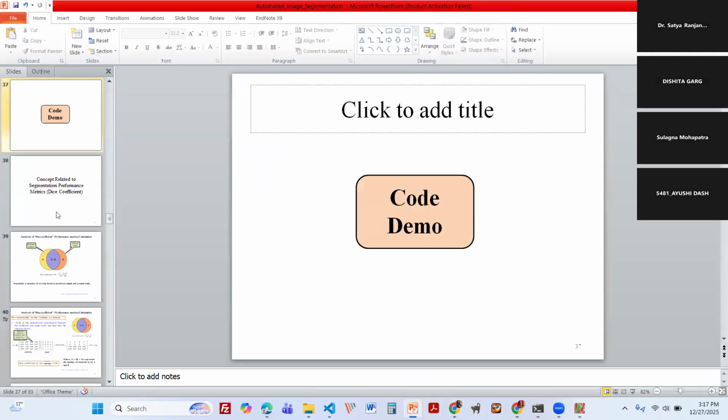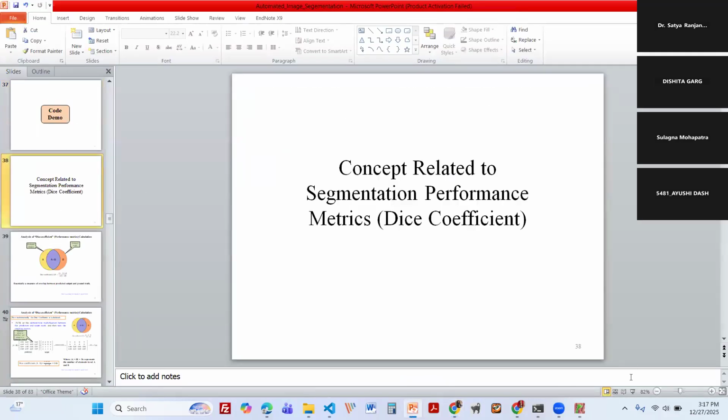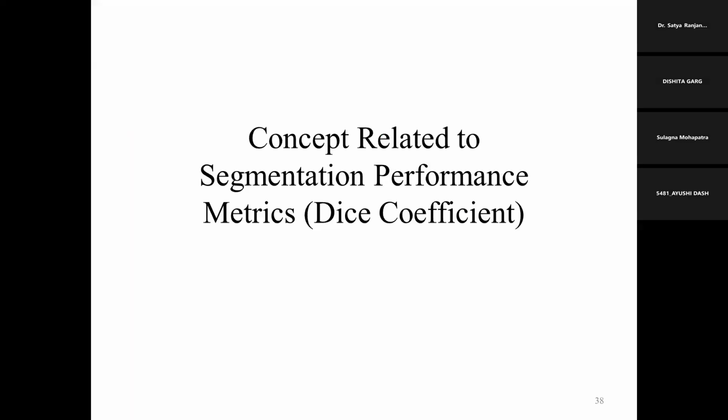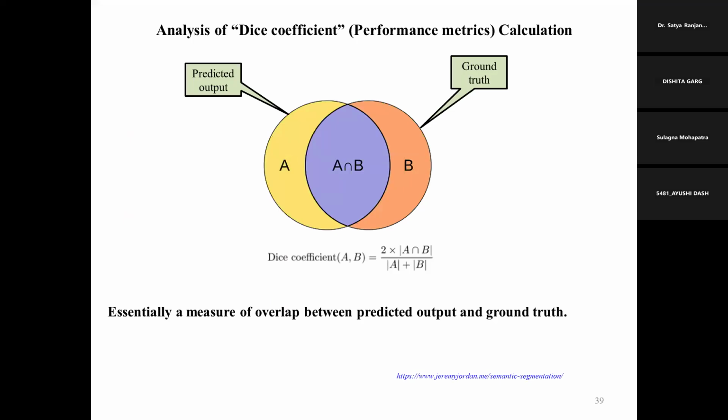But because the model is training now, apart from that, I am also considering some concepts for the performance evaluation. Mostly for the segmentation model, we are using the dice coefficient. What does the dice coefficient mean? You are giving a ground truth or a mask, and it measures how correctly your output is predicted. Suppose A is your mask and B is your output, one is the predicted output and the other is your ground truth.